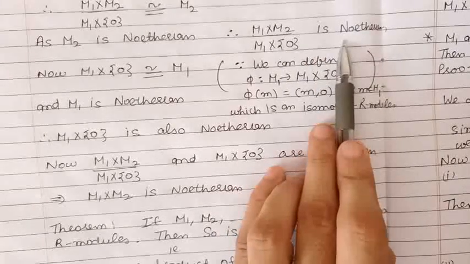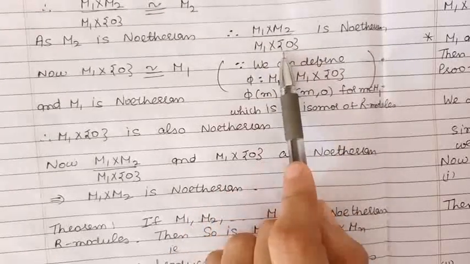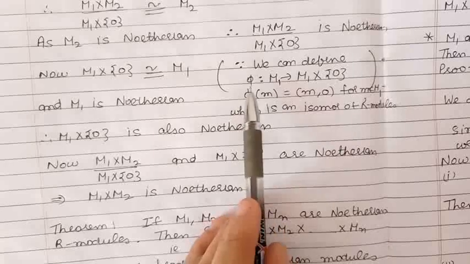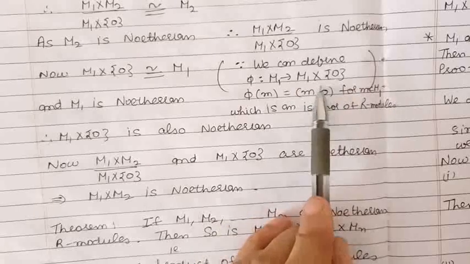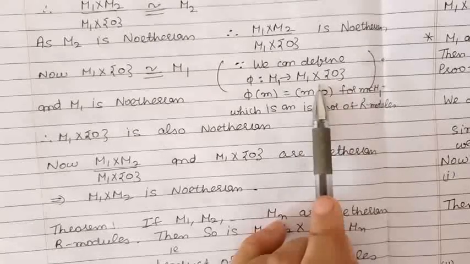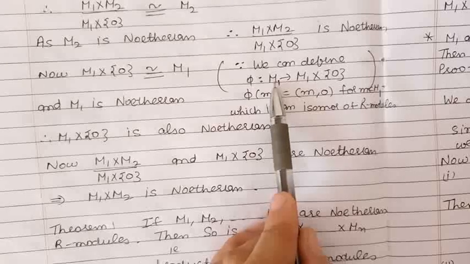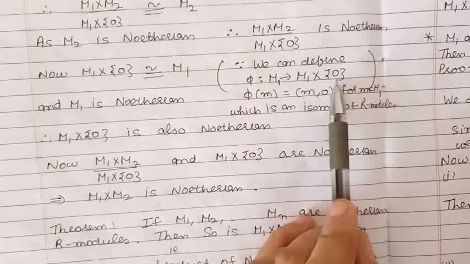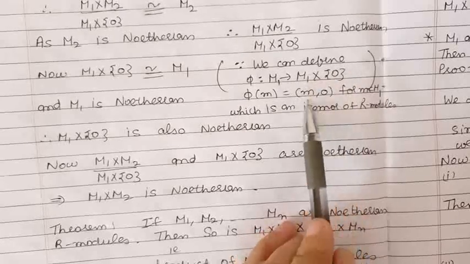Now, let us prove that this module M1 cross 0 module is noetherian. To prove this, we can define a mapping phi from the module M1 into the product of modules M1 and 0 module. To define this mapping, we can take an element m belonging to the module M1. Because this is the product of modules M1 and the zero module, the elements of this module are ordered pairs.